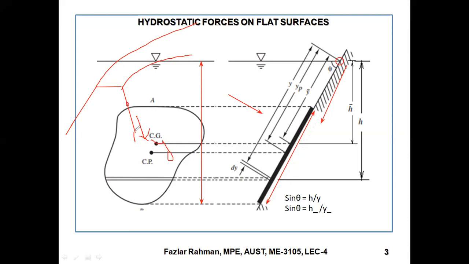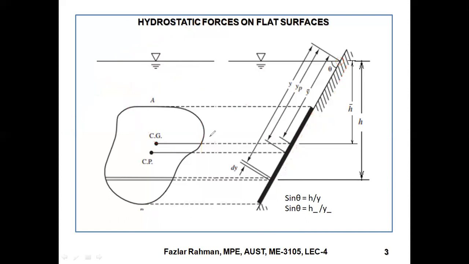If you are coming down toward the water, bottom direction, then that is y. And if you are walking along this direction, then this is x. Okay. So that means this is perpendicular. Along the length is x, and going down toward the water is y.